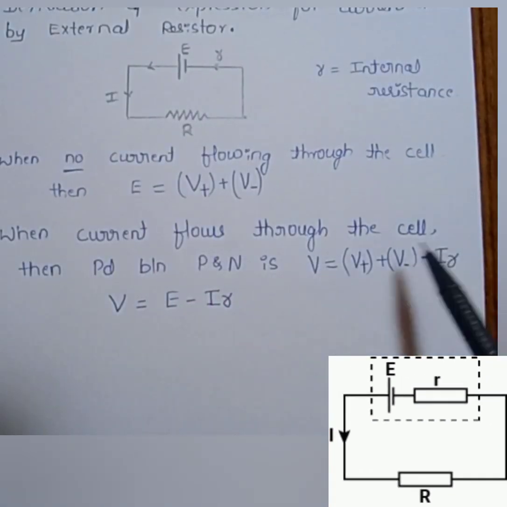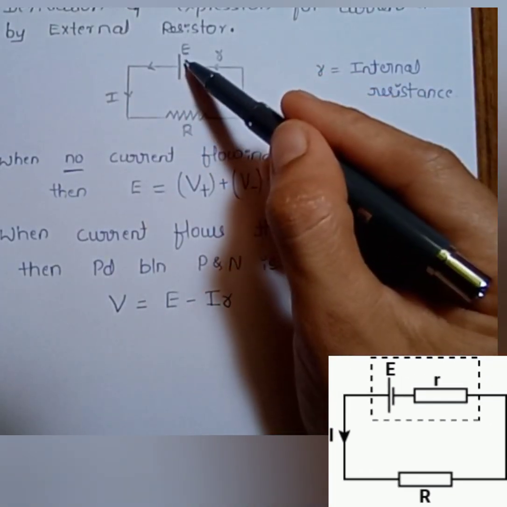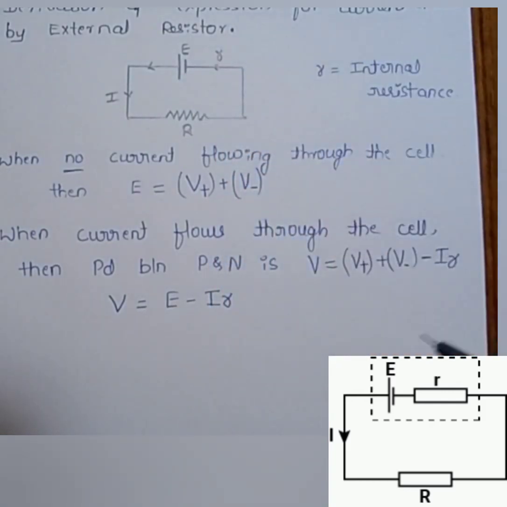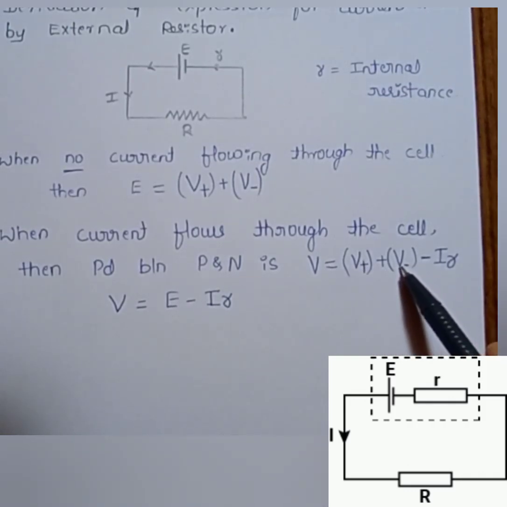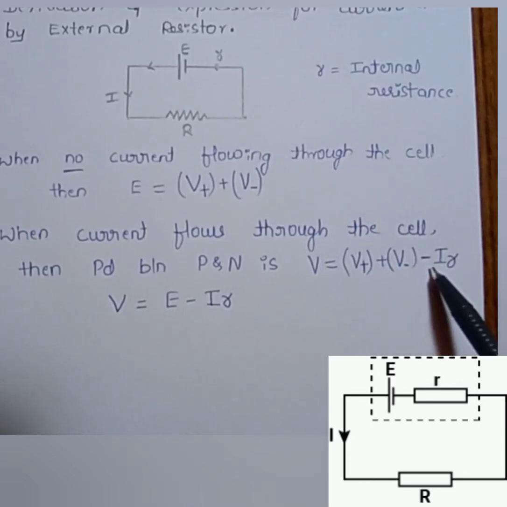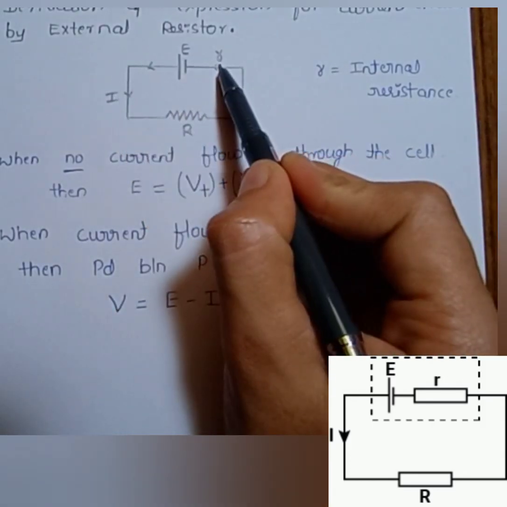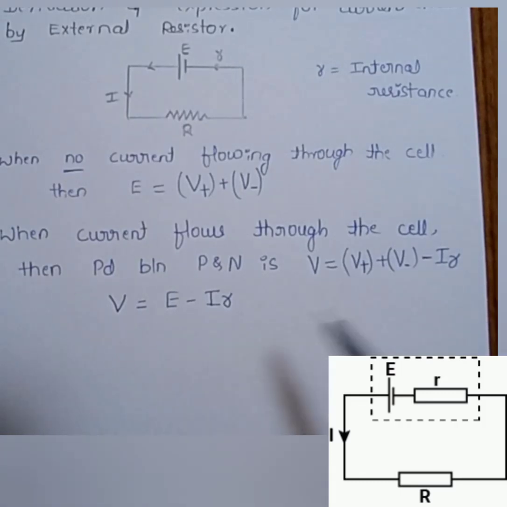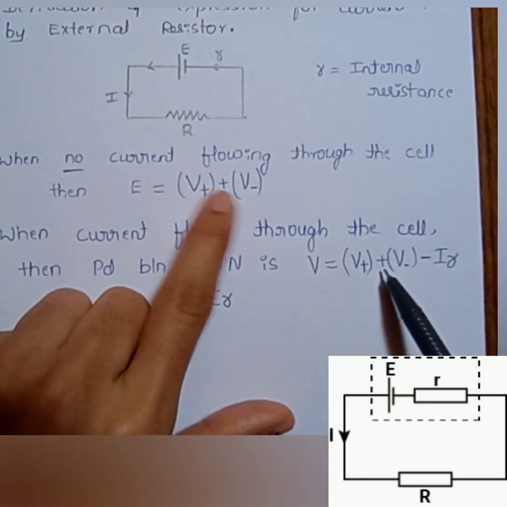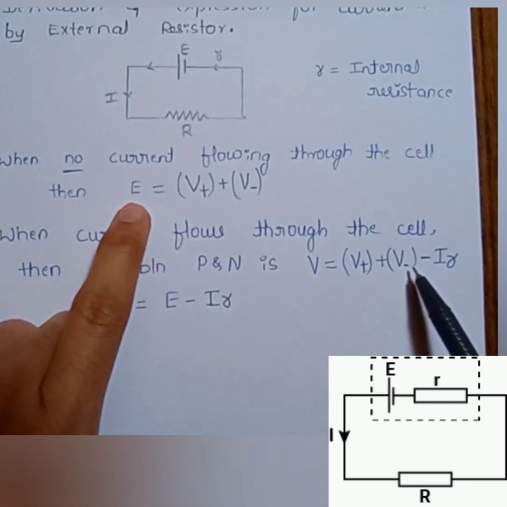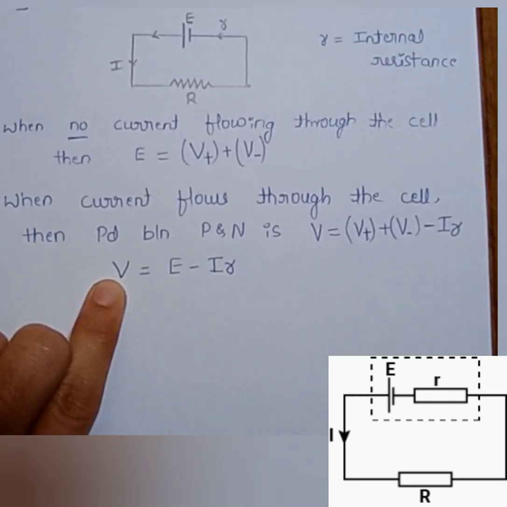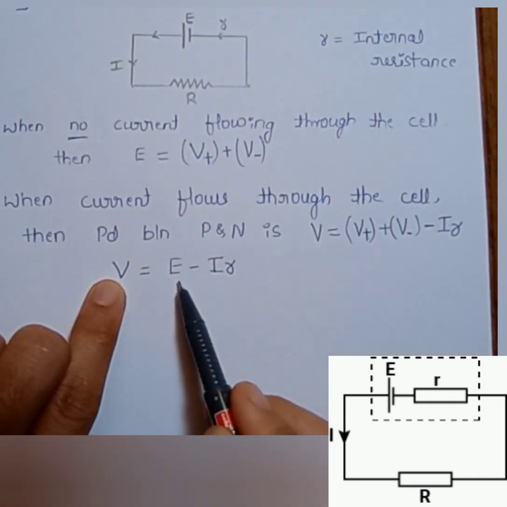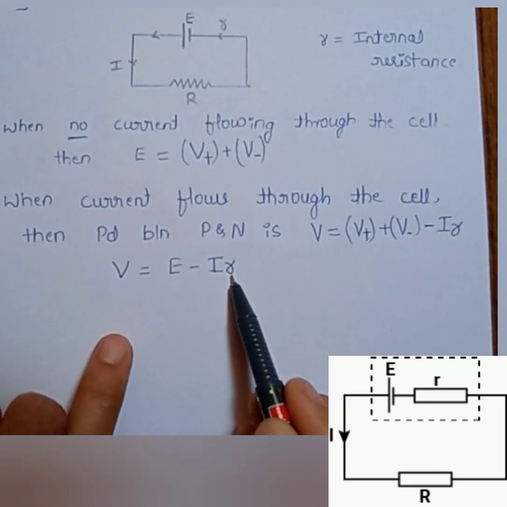When current flows through the cell, the potential difference between the positive electrode and the negative electrode gives V equal to V plus, the positive electrode value, plus V minus, the potential difference across the negative electrode, minus I into small r. Then V plus plus V minus is equal to the electromotive force E. Therefore, the potential difference between P and N gives V equals E minus I r.